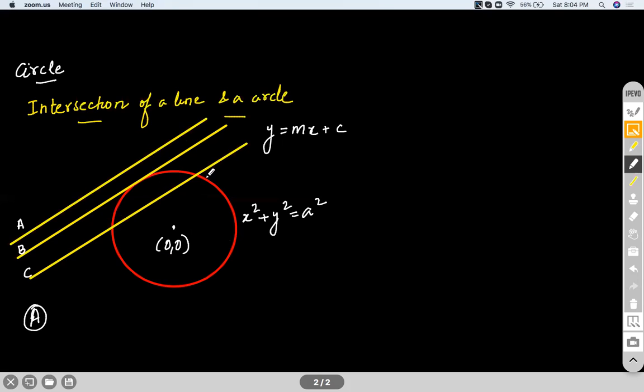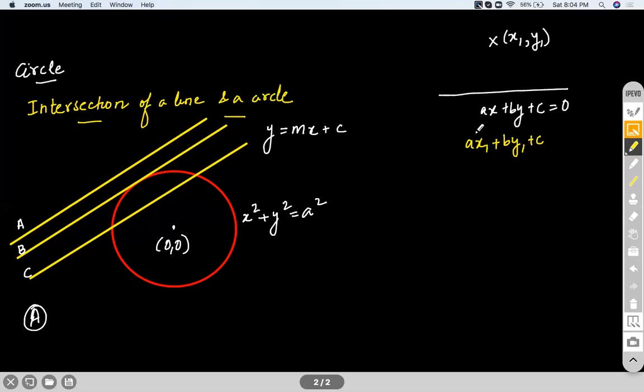We had already discussed the distance of a point from a given line. Let's say x1, y1 is a point, and this is the line. What is the distance? Mod of ax1 plus by1 plus c by under root of a square plus b square. This formula gives the distance between a point and a line.